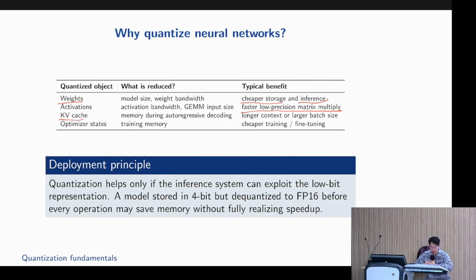And you can even quantize the KV cache because, as we saw earlier, as you keep increasing the context, the memory grows linearly, since we need to keep in memory an additional key and value vector for each token.